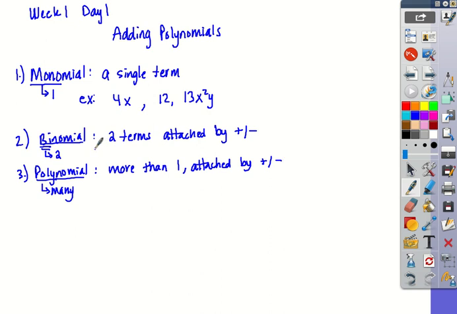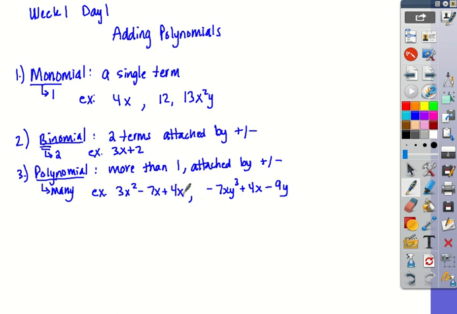So a binomial example, 3x plus 2. A polynomial example, 3x squared minus 7x plus 4. Or negative 7xy cubed plus 4x minus 9y. And they all have to be different terms.